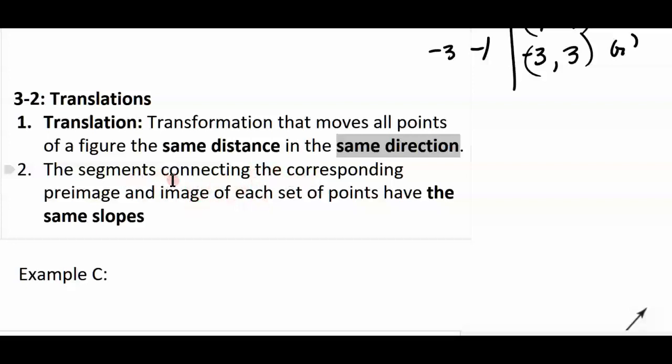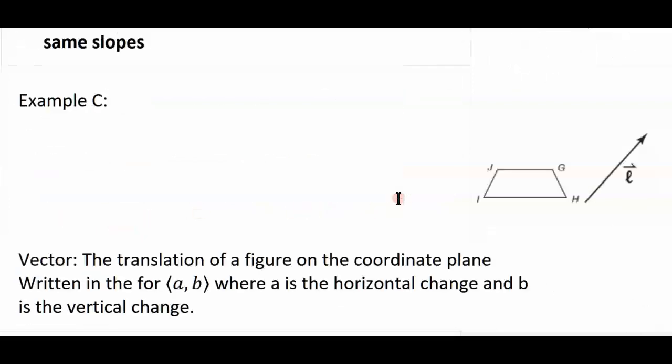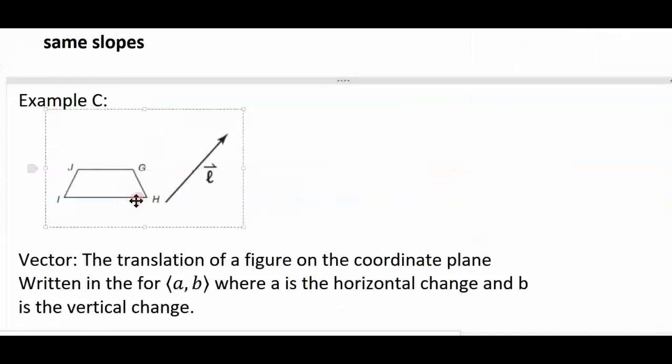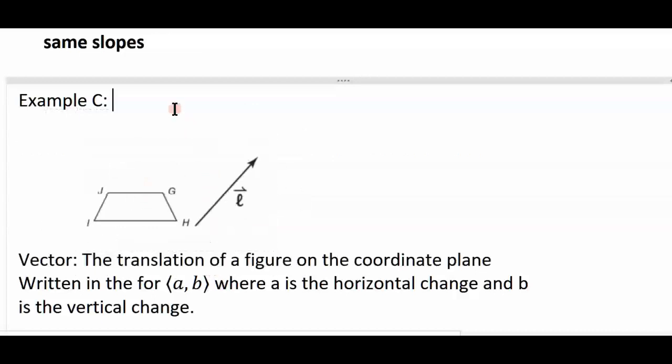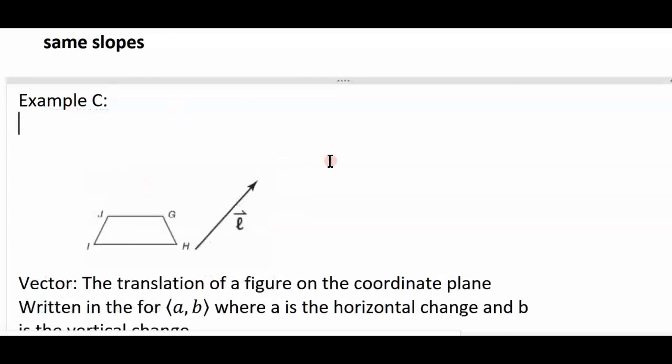And what we find is when we create a translation, the segments connecting a pre-image and image for each point form the same slopes. So for example, C, I want to move, what I'm going to do here is draw a line that I can move.